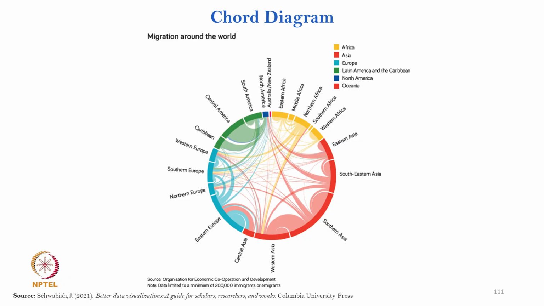This example of a chord diagram shows the migration flow between the major regions of the world in 2017. Each region is placed along the circumference of the circle, and the branch emanating from each corresponds to the numbers of migrants entering and leaving each region.